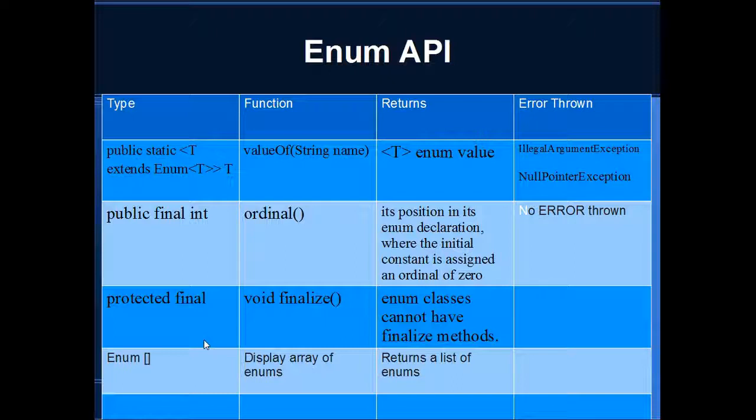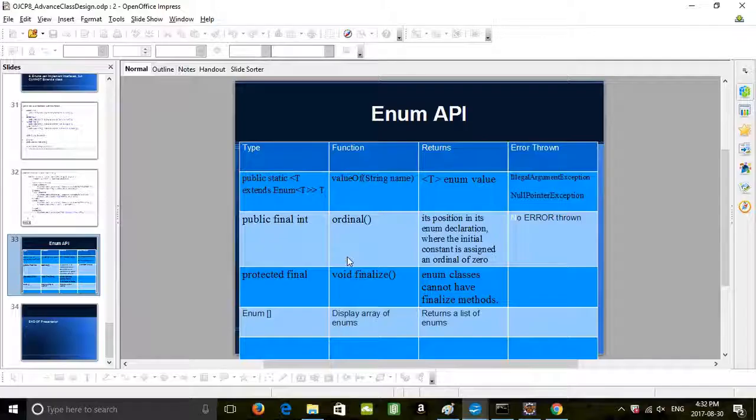And public final void finalize. Enum classes cannot have finalize methods. And to get an array of enums, the method is called values.